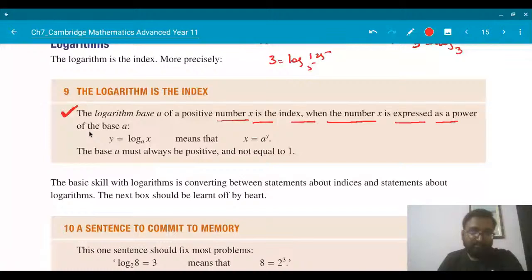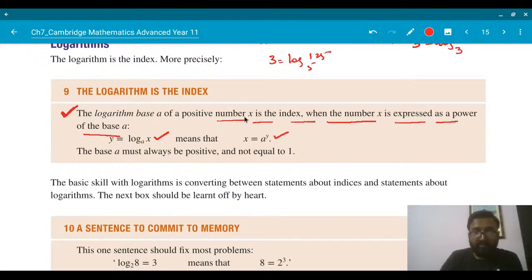It is simply y is equal to log x base a, which is the same as x is equal to a power y.